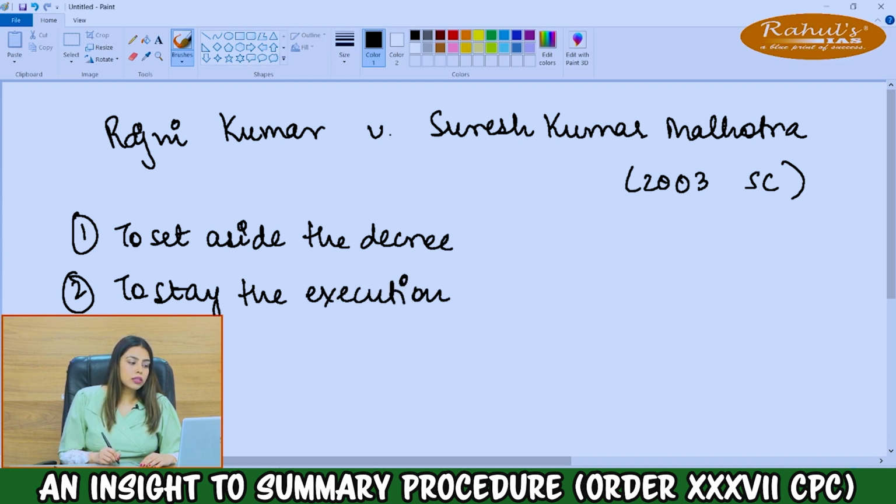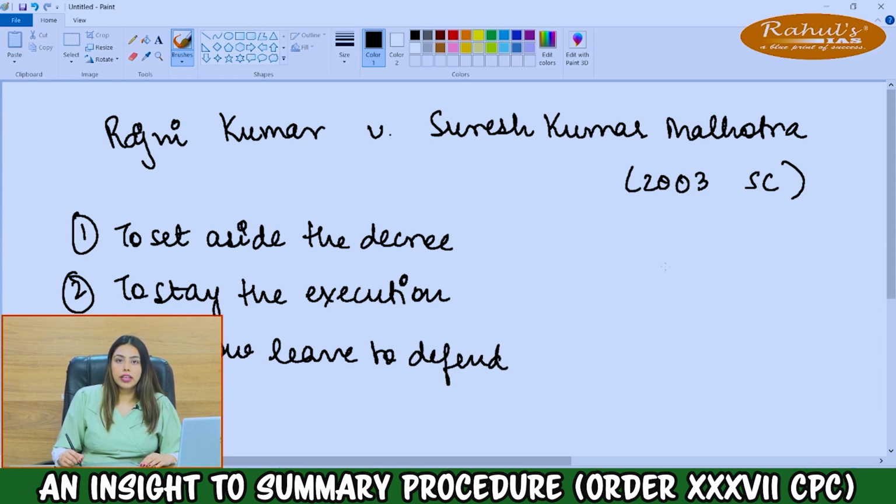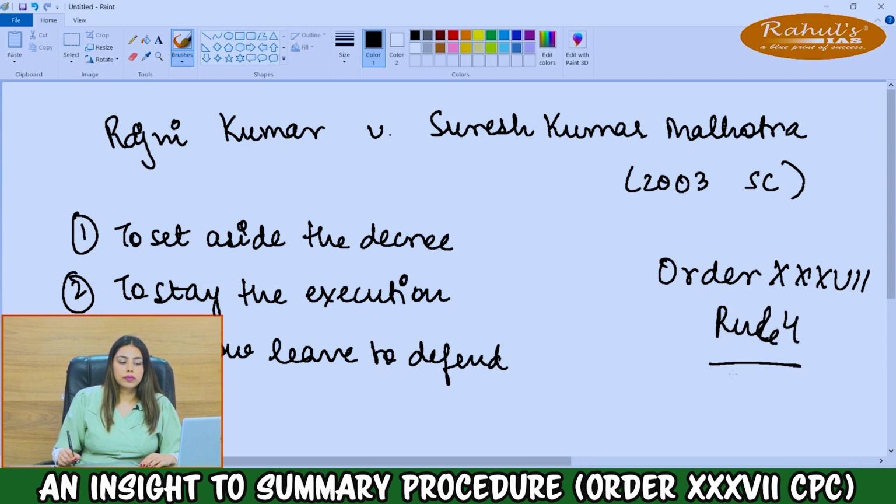And third is to allow leave to defend. So these 3 prayers have to be made by the defendant, and this judgment is important for Order 37, Rule 4. I hope you have written it down.